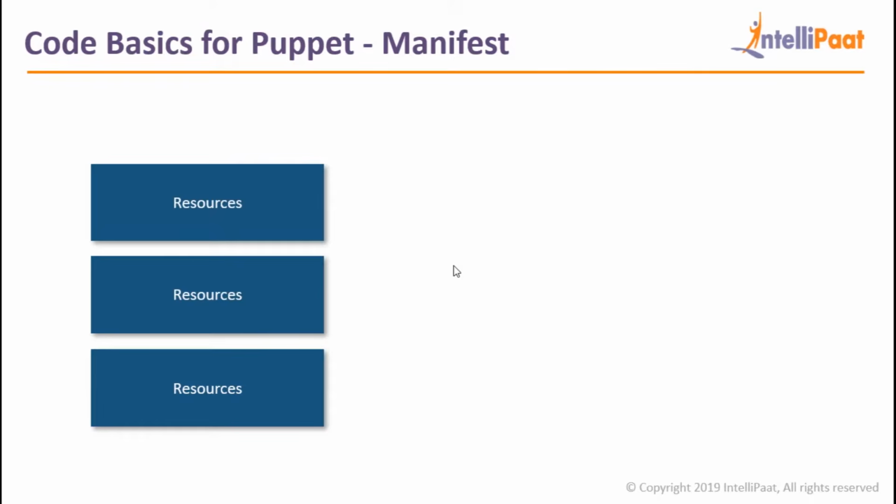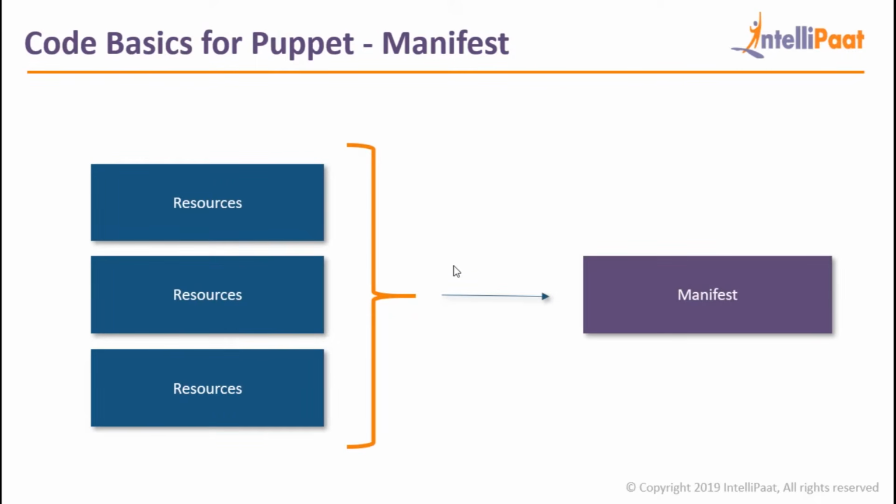All right, moving forward now guys, when you combine a bunch of resources, now of course when you're dealing with an agent, it's not just one resource that you will install. You could be installing hundreds or thousands of resources together, right? All these resources combined have to be one entity, otherwise you'll have to define each and every resource separately, probably in a separate file. To solve that problem, we come up with something called manifests.